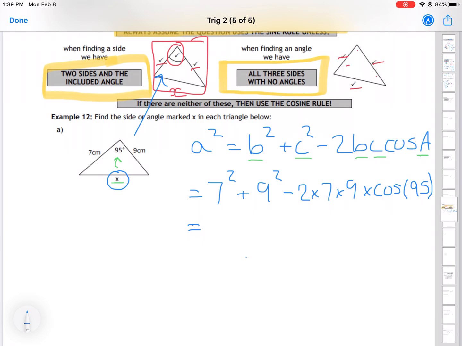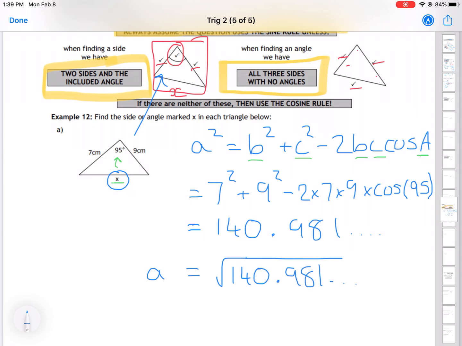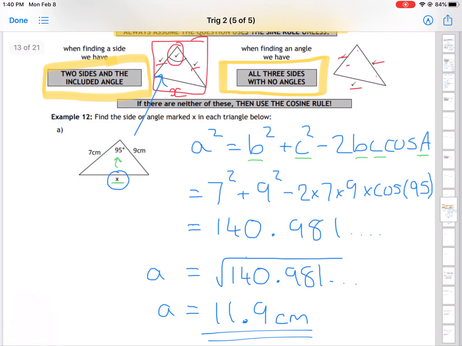We can just shove everything into the calculator. If we're using the cosine rule to find a side, as long as we make sure we get the right symbols everywhere, we should get a number out of 140.981 and so on. Therefore a is the square root of this value that I've just calculated. So I'll keep that in the calculator and square root my answer, and I should get 11.9 to 1 decimal place. So keep that as centimetres since we're working with the side.